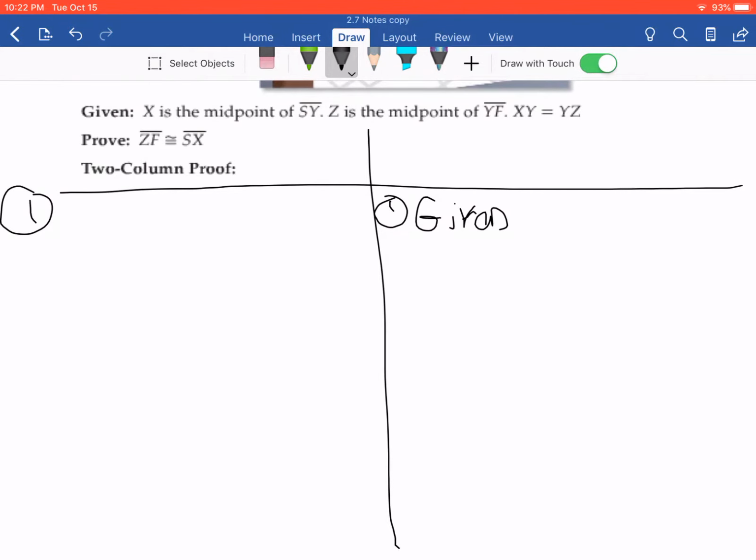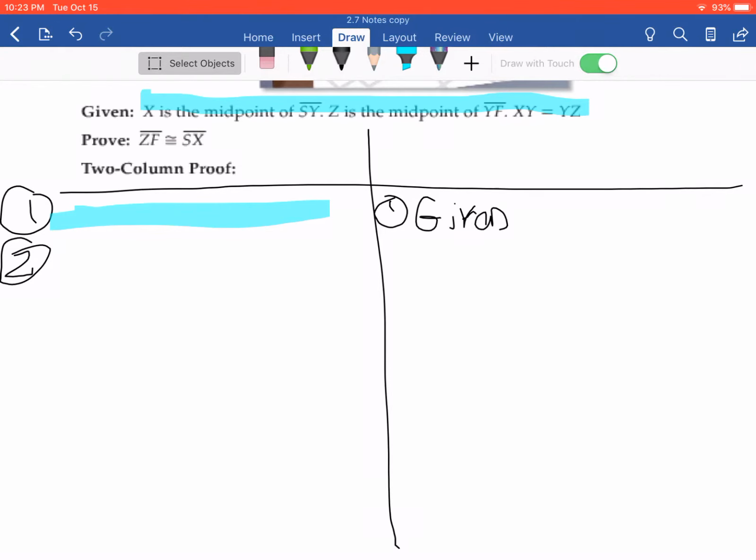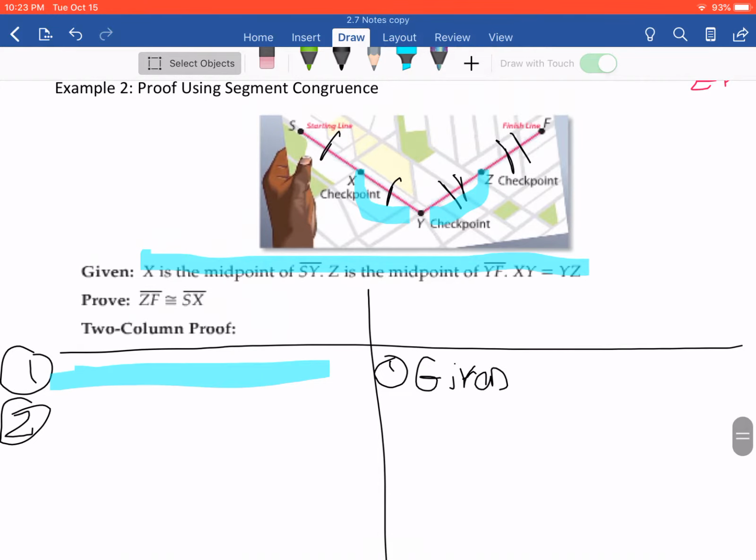And our given information is right here. I'm not going to rewrite it. Your given information goes right there. So then we're going to go to step two. In step two, what I want to do is talk about the relationships that we drew in our picture, these congruencies.